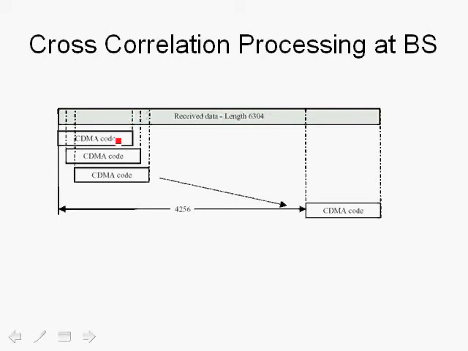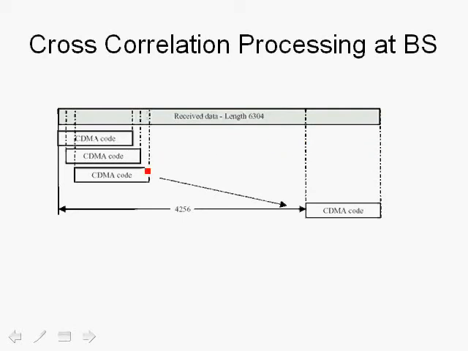And let's take the case where we assume a CDMA code, and we want to find the actual time offset corresponding to the round-trip delay. Then you have to take the CDMA code and cross-correlate it with the received time record. And this is a very involved process in terms of multiplications and additions. So you take the CDMA code and multiply it times the received data, then you shift it, multiply and add, multiply and add, and you get the cross-correlation as this window, the CDMA code, is moved across the received data.